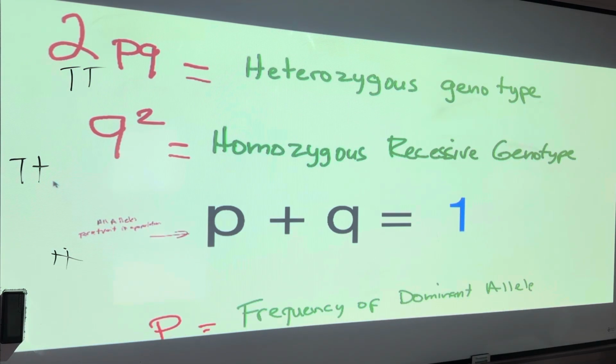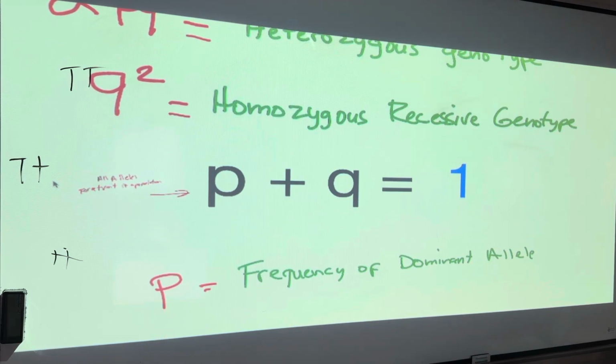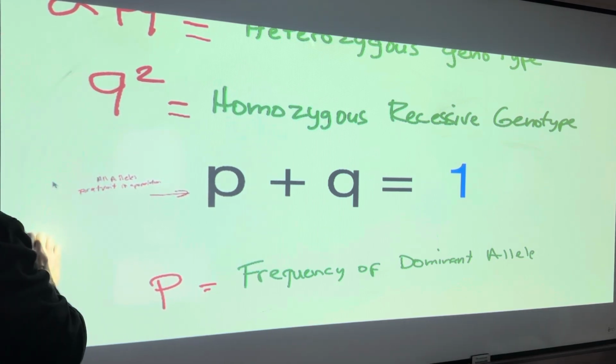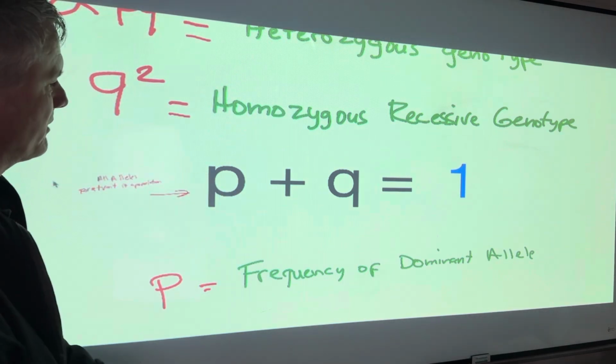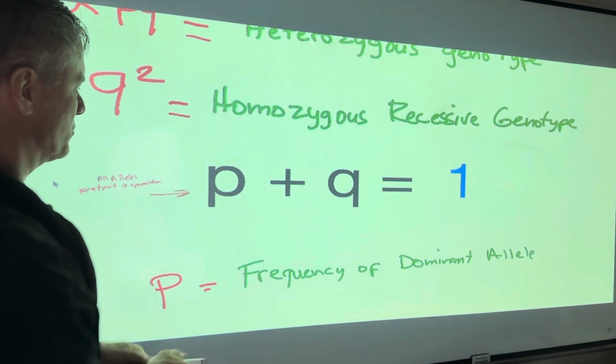Now, the flip side of that coin. You're going to have P plus Q. These are the alleles of a trait in a population. Up here we were talking about populations; here now we're looking at the individual alleles.